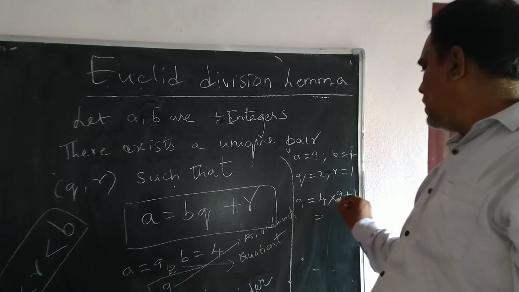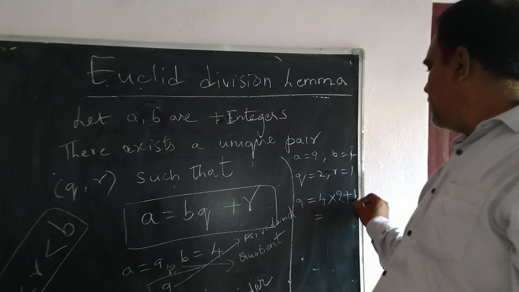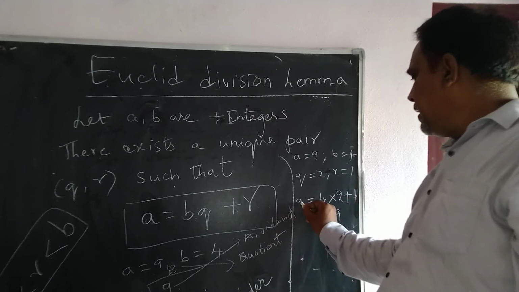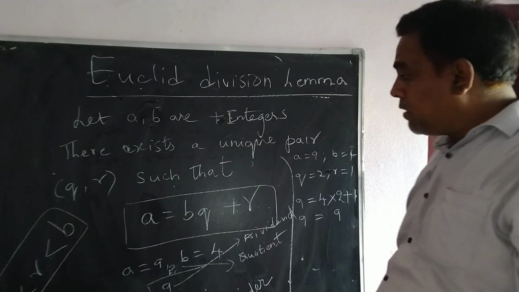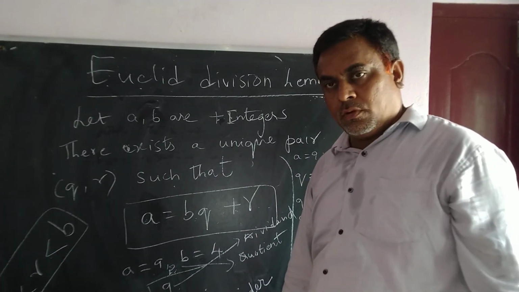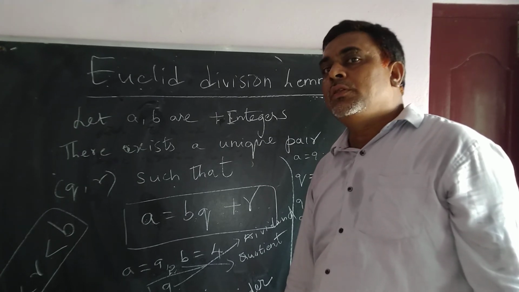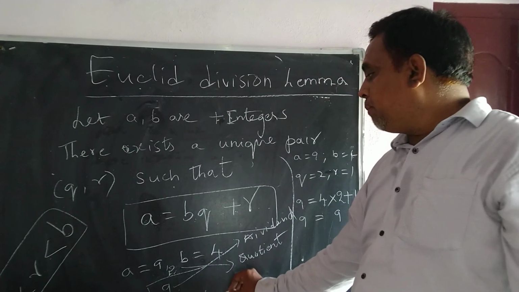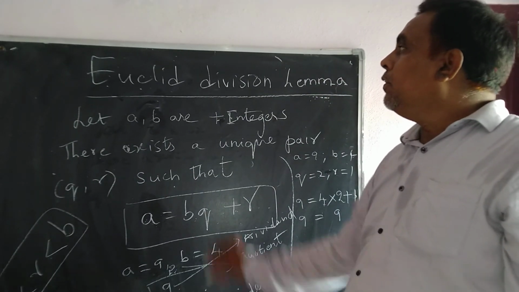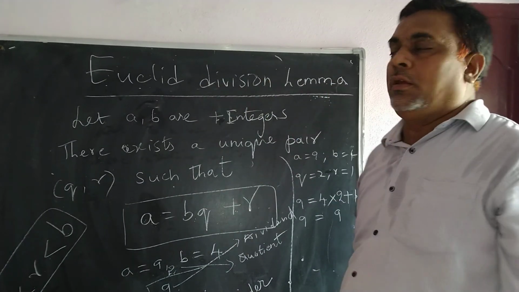So 4 twos are 8, 8 plus 1 is 9. Is the left side of the equation equal to the right side? Yes, you are right. The left side is equal to the right side. With the help of this example, we can derive the Euclid division lemma equation.